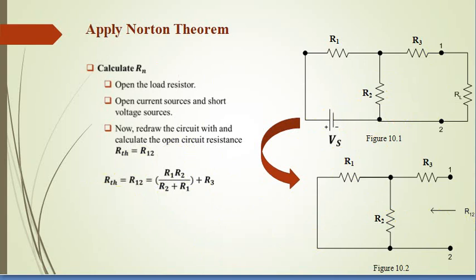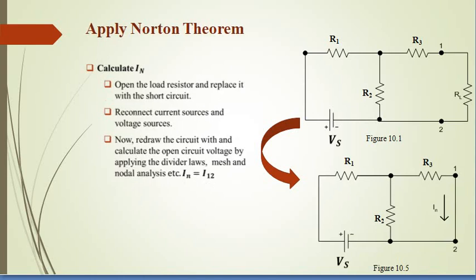The next step is to find out the IN, which is the short circuit current. The modification in our original circuit is similar to the Thevenin, but we are not supposed to open our terminals or the pair of points like here 1 and 2.